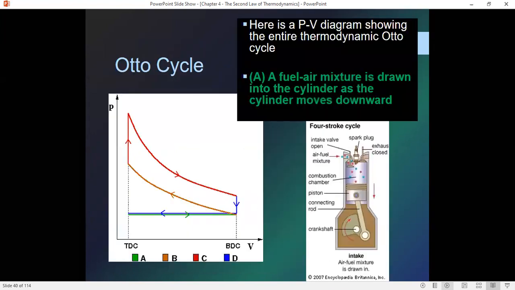And again, this is what it looks like from the green line on the bottom right here. We go from the air fuel mixture being compressed from here to here. Okay.